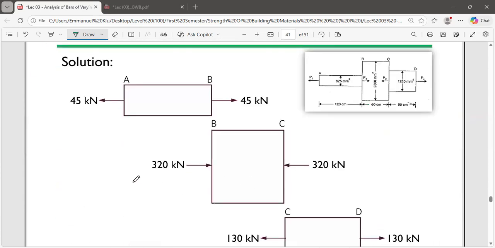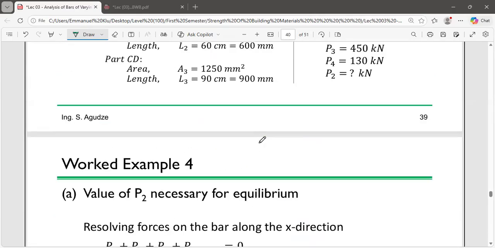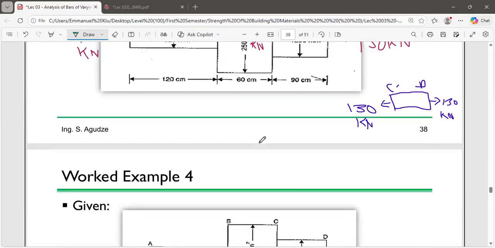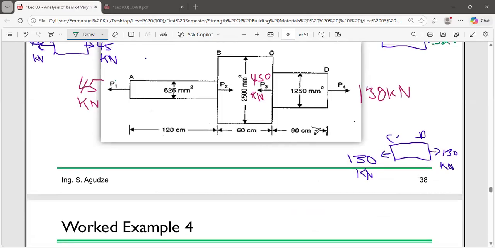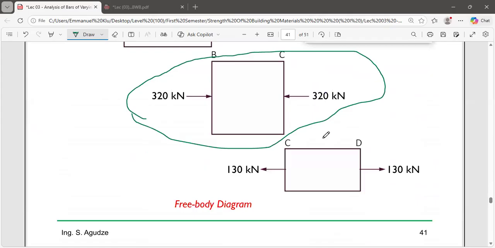Over here, you see that they say here is 320. So don't get confused. You see, 45 here, 130, and the middle one was 320.